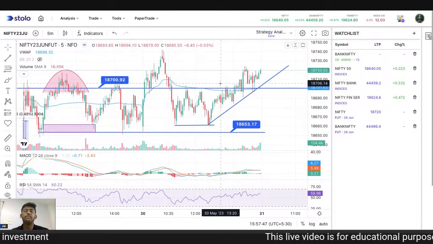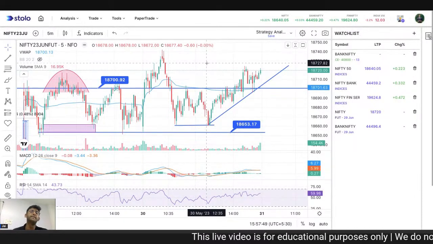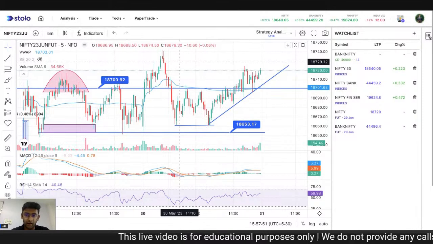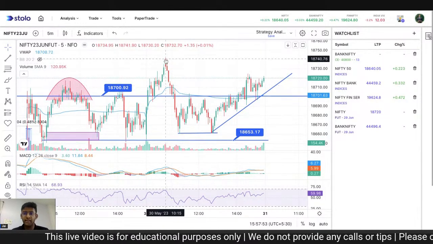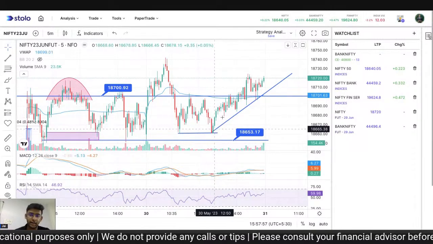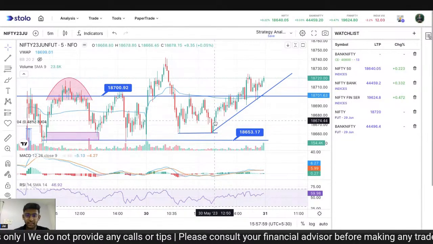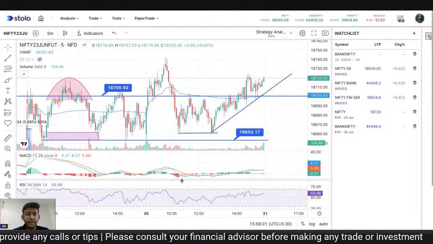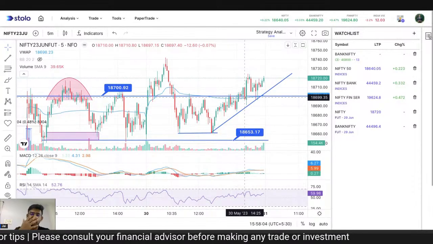Again, with Nifty, we didn't at least see it break the day high, which it had formed around 18,740, but it was headed that way. We saw a very good bull run towards the end, which started around 12:50, and it was continuously moving in the upward direction.